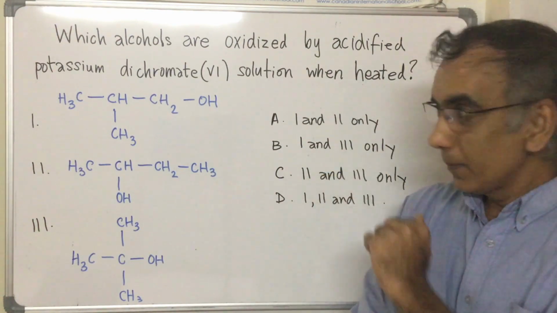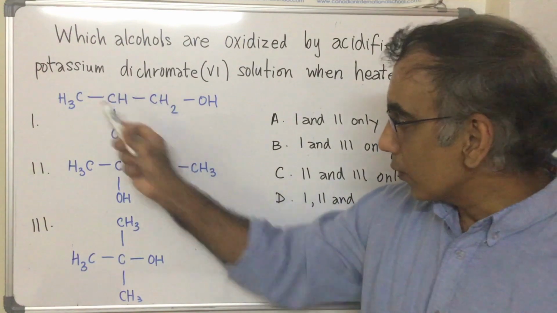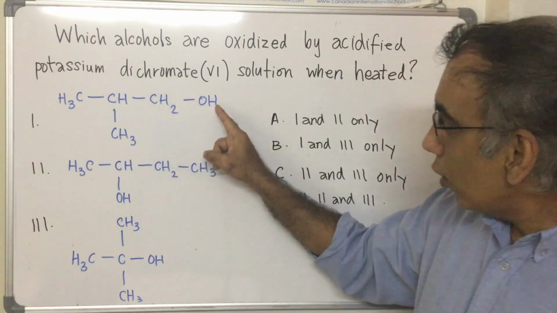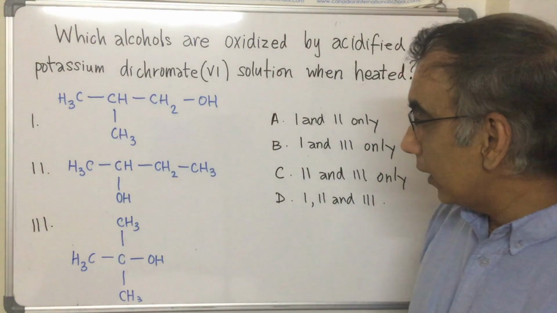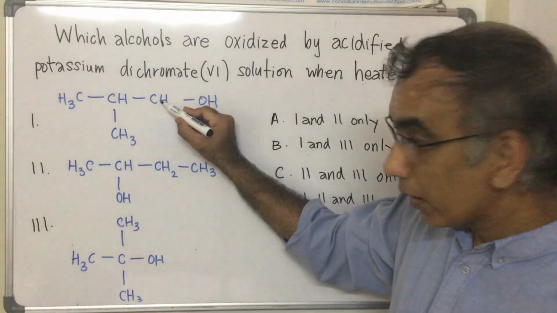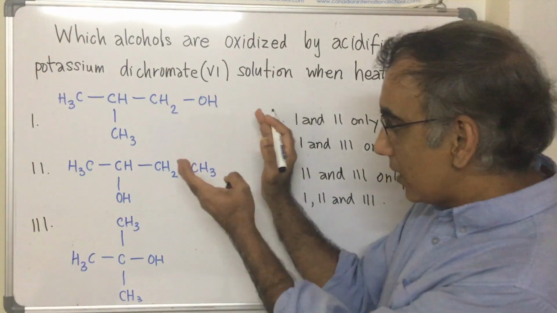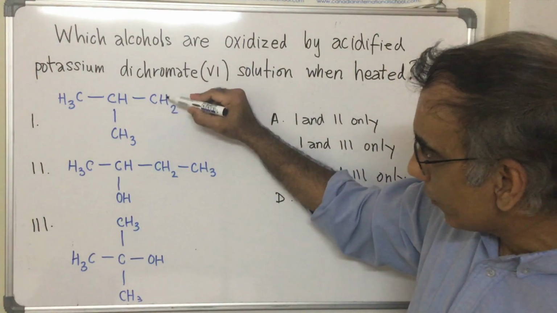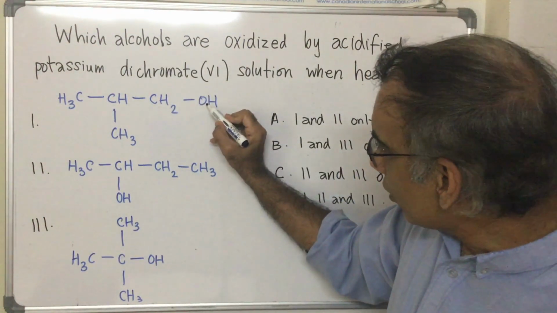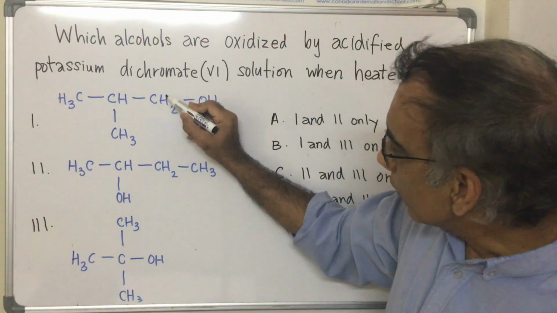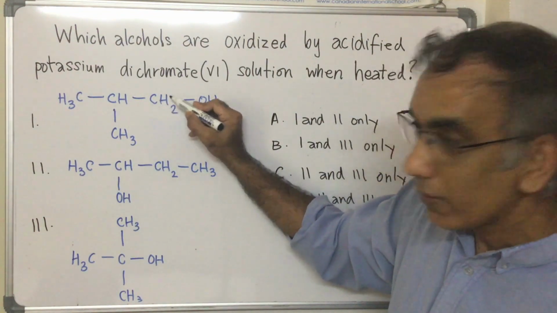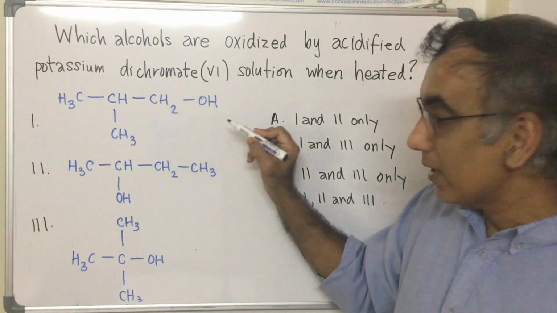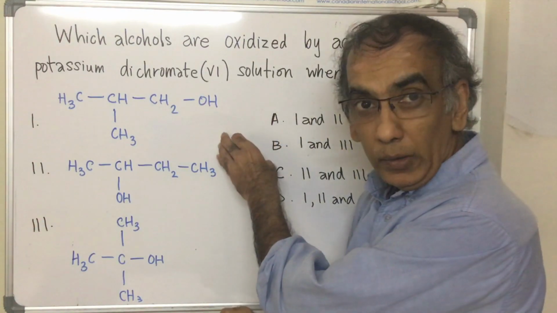Now let's do that. Here you can see in this first one, the OH functional group of the alcohol is attached to a carbon, and here they use this type of notation where the two H's are not separated, but this OH is attached to a carbon, which in turn is attached to two other hydrogens. That makes this a primary alcohol.